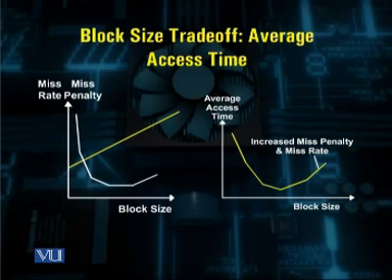But eventually, as we keep on increasing the block size, the average access time can go up rapidly, because not only is the miss penalty increasing, the miss rate is also increasing at this stage.